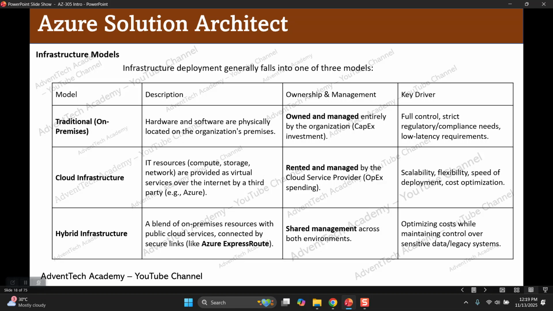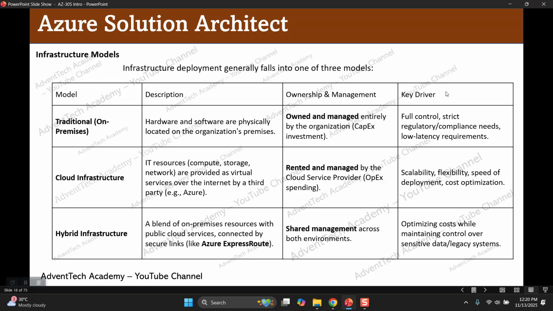If you look at the ownership and management for the cloud infrastructures, it is rented and managed by the cloud service providers. In cloud infrastructures, organizations are spending on OPEX, operational expenditure. In on-premises infrastructure, organizations are spending on CAPEX, capital expenditure.